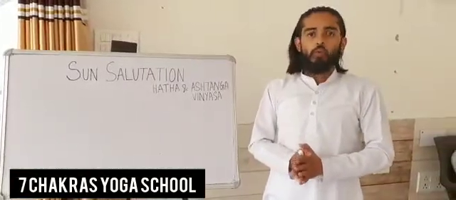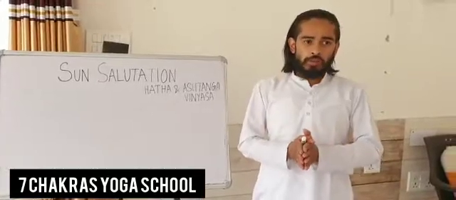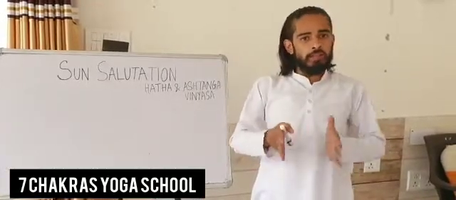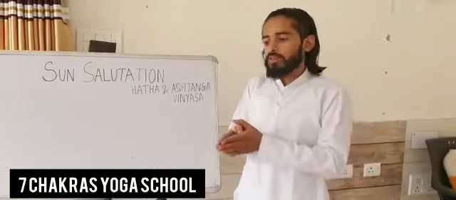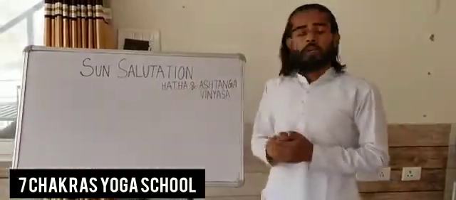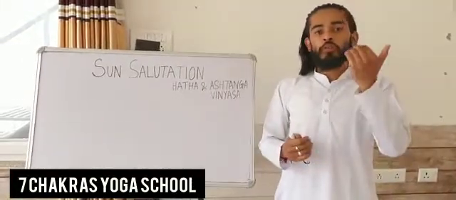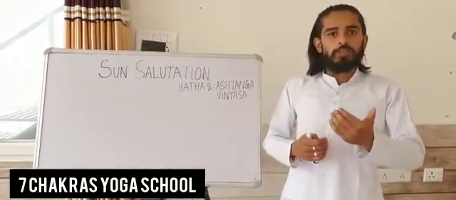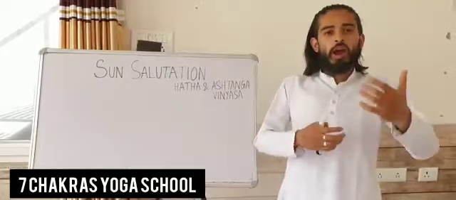Let's talk about the differences. How can you tell on the mat that this is an Ashtanga class and this is a Hatha class? Let me explain. Hatha yoga is more of a mindfulness practice where you are balancing your mind, and it is a more calming practice.